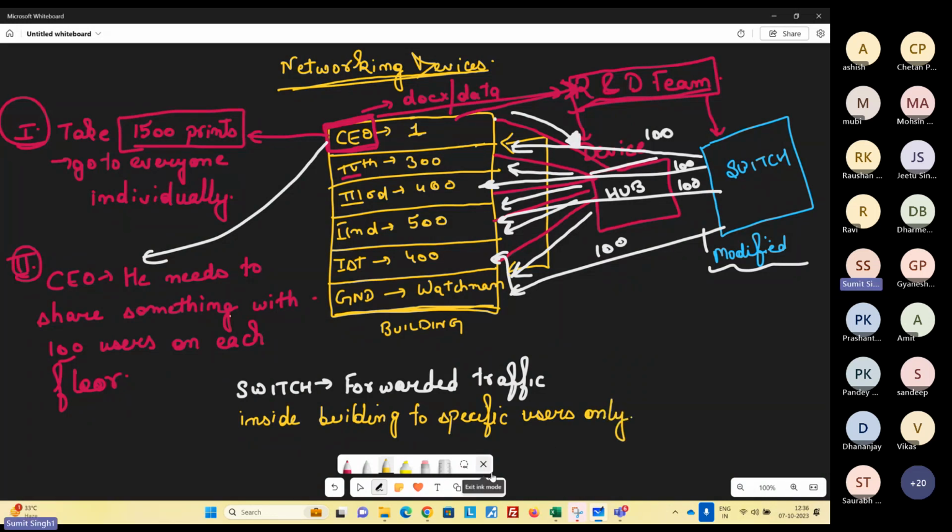Okay, that's what Switch did. So these were the two major devices we had.